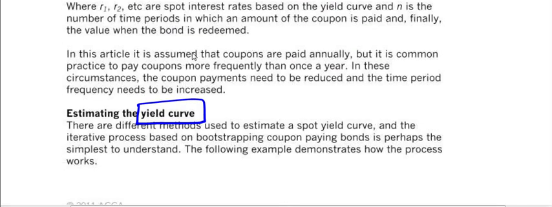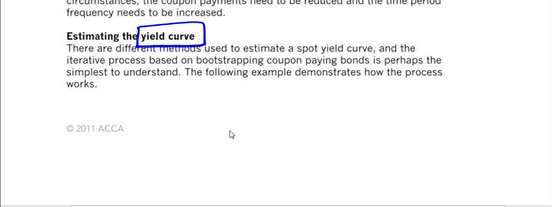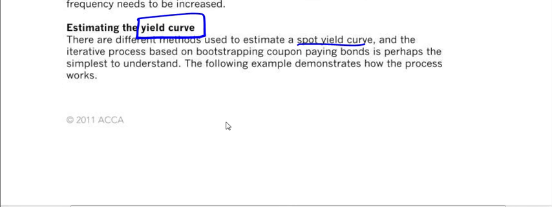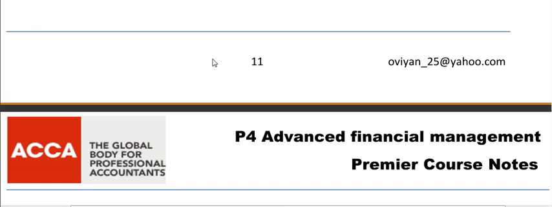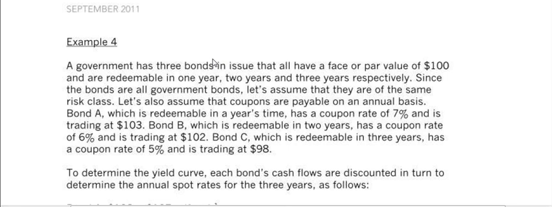Okay, estimating a yield curve. Now, what are we going to do to estimate the yield curve? There are different methods to estimate the yield curve, and a common method is using the government bond, and it's explained in example number 4.